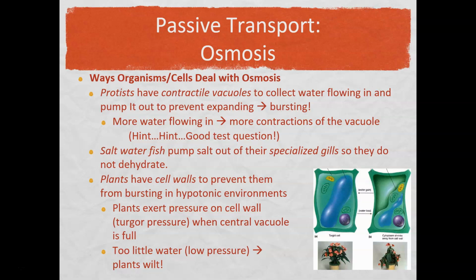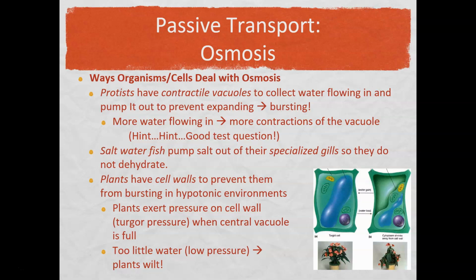So, if I look at something like protists. These are single-celled aquatic organisms, so they live in a watery environment. And in order for them to deal with the fact that sometimes those environments are hypotonic, so water's rushing into their cells, the only way for them to deal with that is to have evolved these contractile vacuoles.